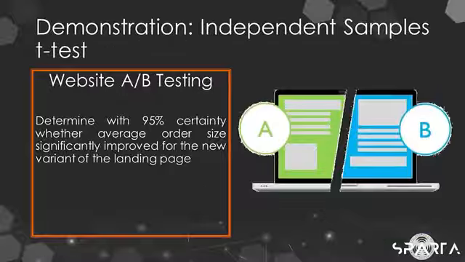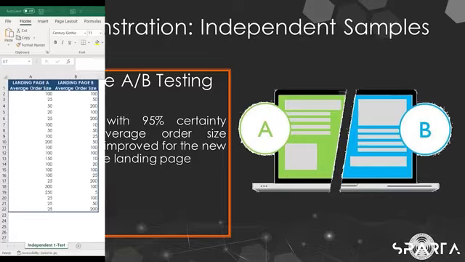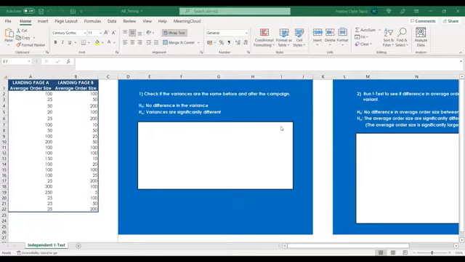In this demonstration, we will assess the effectiveness of a new variant of the landing page of an e-commerce website in increasing average order size. A/B testing is a randomized experimentation process wherein two or more versions of a web page or element are shown to different segments of website visitors at the same time to determine which version leaves the maximum impact and drives business metrics.